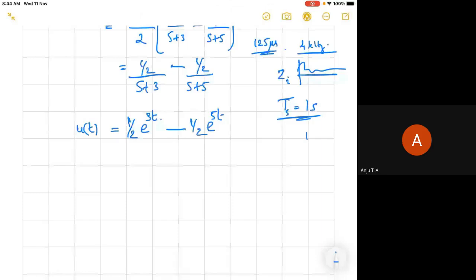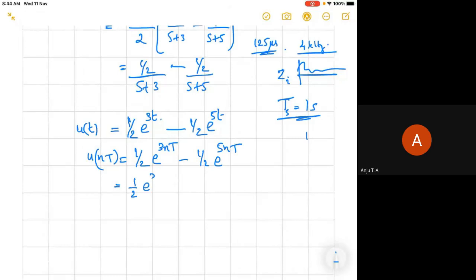So let's assume that T is 1 second. In that case, this sampled version can be written as half into e raised to minus 3nT minus half into e raised to minus 5nT. So T is 1, so half e raised to minus 3n minus half e raised to minus 5n.